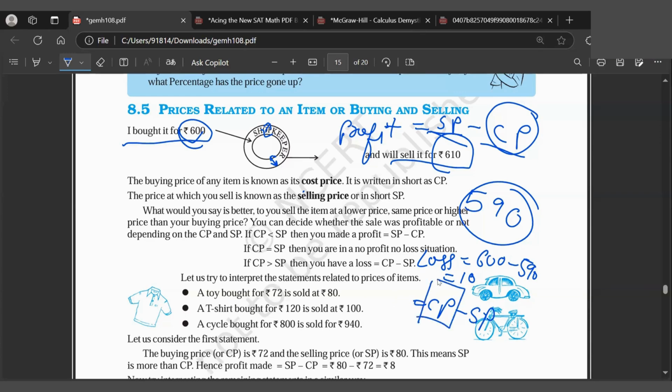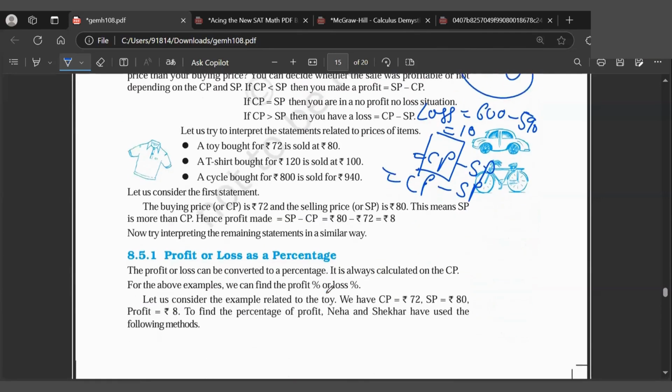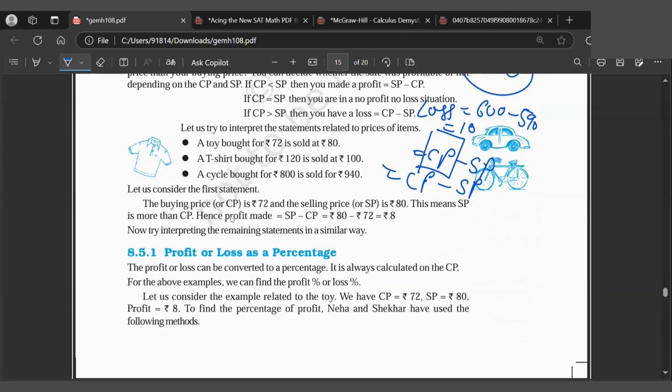Cost price is the bigger one here, so we write cost price first and then selling price. So profit is selling price minus cost price, and loss is cost price minus selling price.